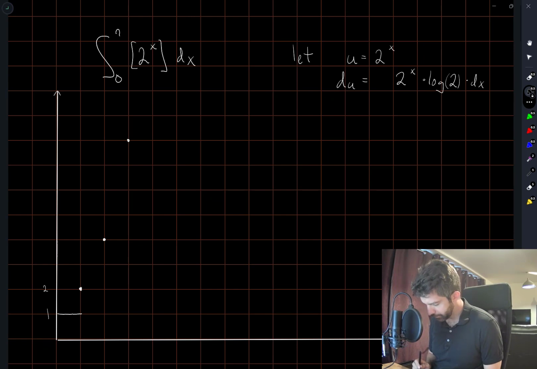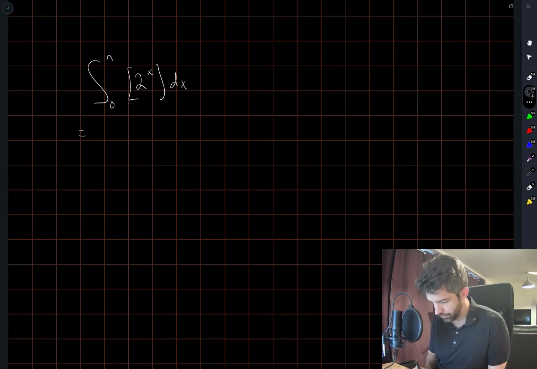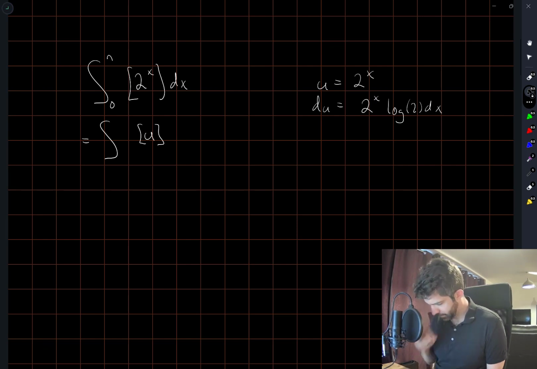So if I use this substitution, this integral is equal to the integral, I'll figure out the limits: when x is equal to 0, u is equal to 1. When x is equal to n, u is equal to 2 to the n.